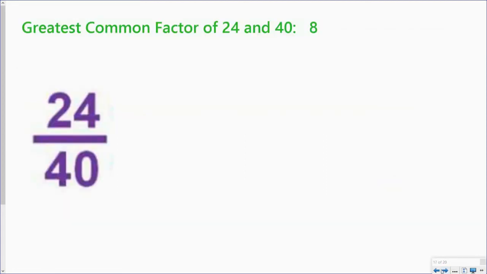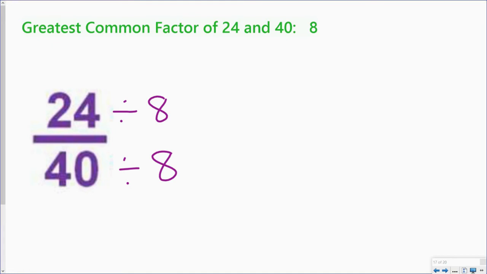So if we know that the greatest common factor of 24 and 40 is 8, then I can simplify my fraction of 24/40ths by taking the numerator and dividing it by 8 and taking the denominator and dividing it by 8. Because like we said before, we take the greatest common factor, which is a factor that goes into both evenly, and we divide those numbers.